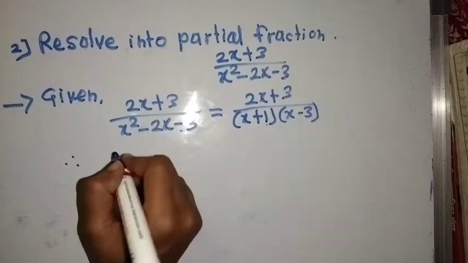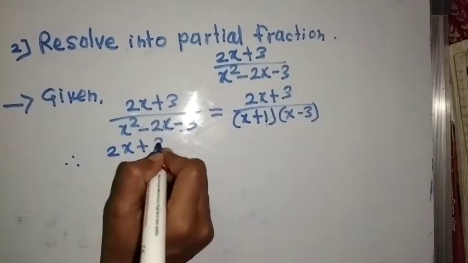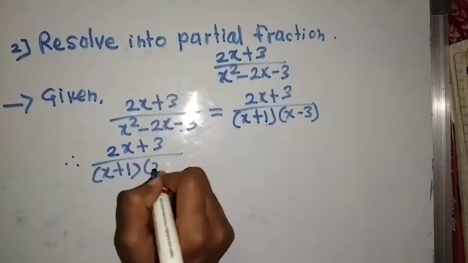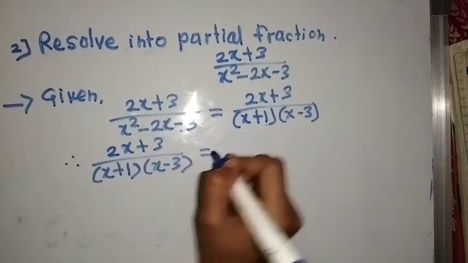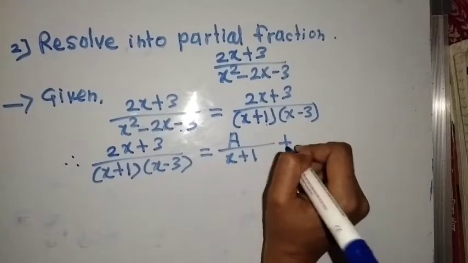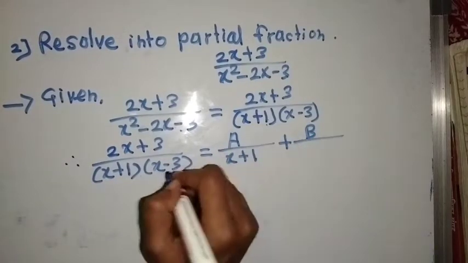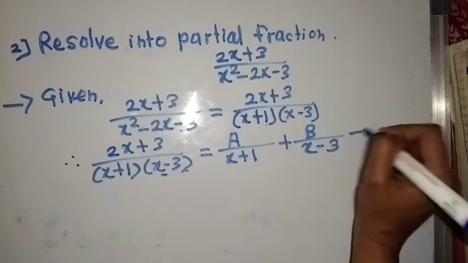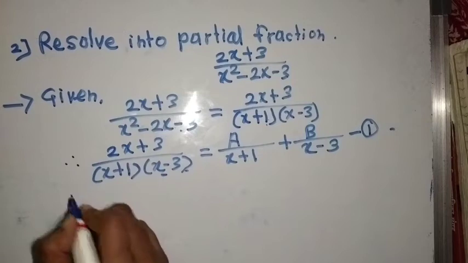Then what is this value? This value is A upon (x plus 1) plus B upon (x minus 3). This is equation 1.